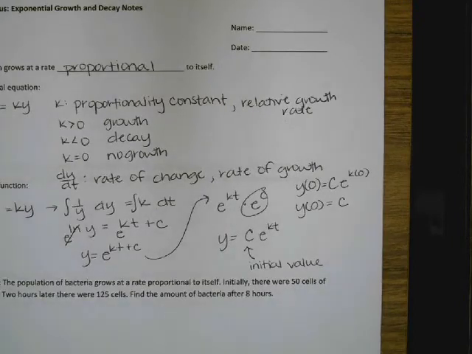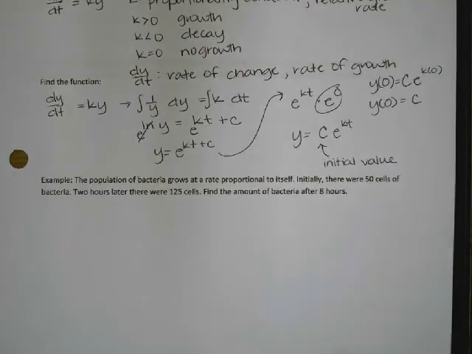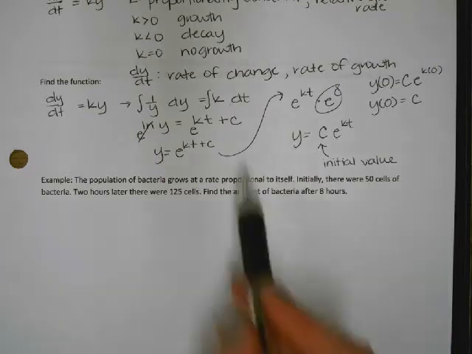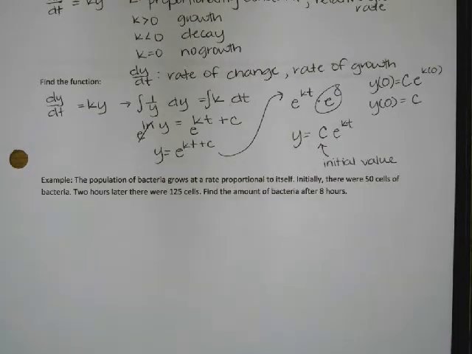Okay, so here are some examples, or this is going to be our first example. We have the population of bacteria grows at a rate proportional to itself, and so that's them telling us that we're going to be using this type of formula. Initially, there were 50 cells of bacteria. 2 hours later, there were 125 cells, and it wants us to find the amount of bacteria after 8 hours.